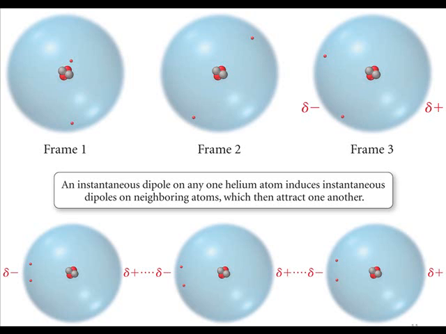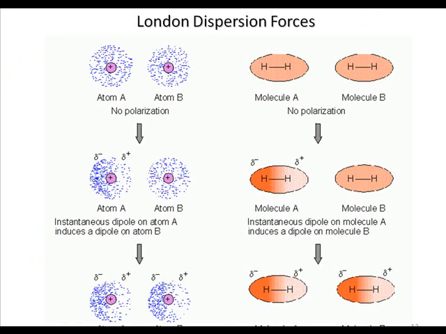Now when you have that, it's like a chain reaction. Look down below. You'll notice that the momentary negative and polar positive induces a whole chain effect down the line, and now you've created these attractions, and that will hold those molecules together. And the result is, rather than going to an instantaneous gas state, they would remain liquid, as an example.